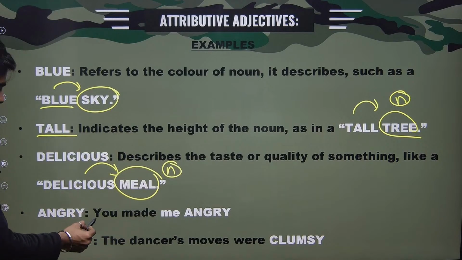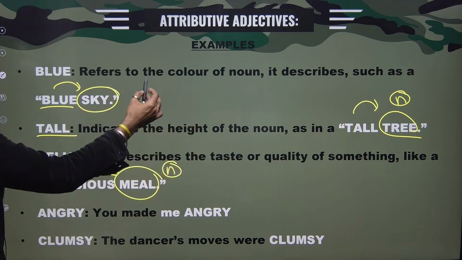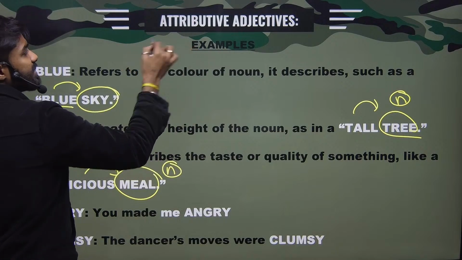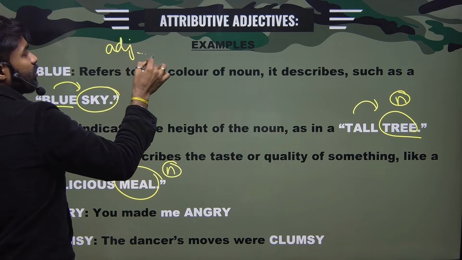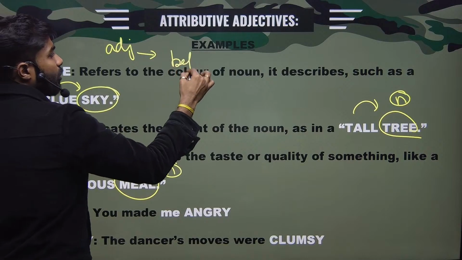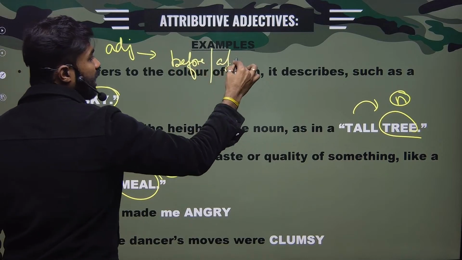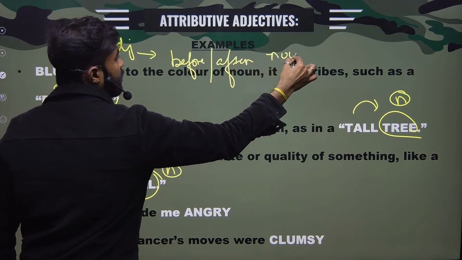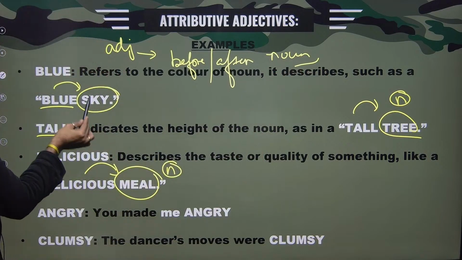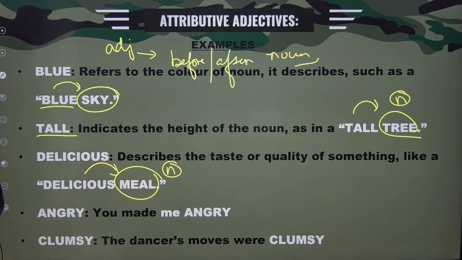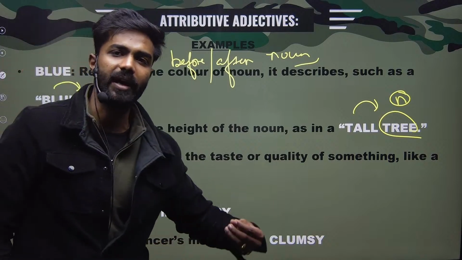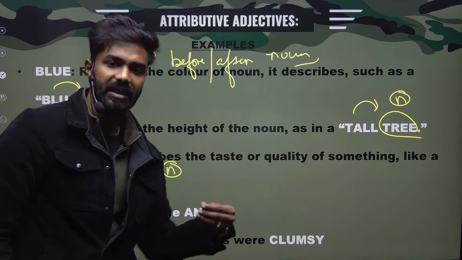See, everywhere here, attributive adjectives are adjectives placed before or after a noun. All these are placed before. If you ask me, sir, show me some examples where adjectives are placed after a noun.